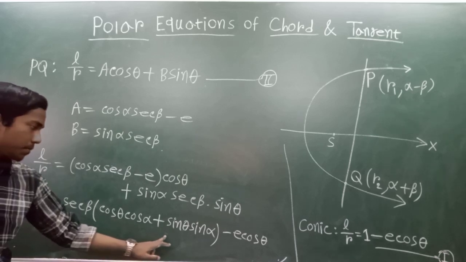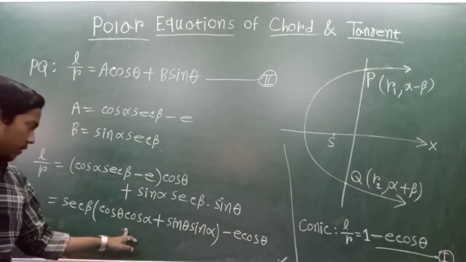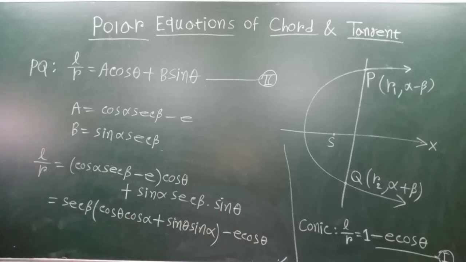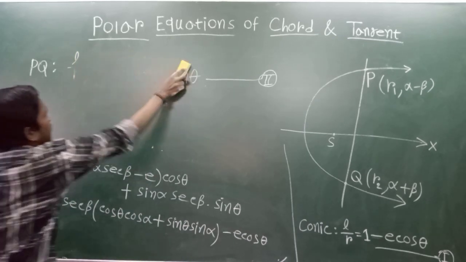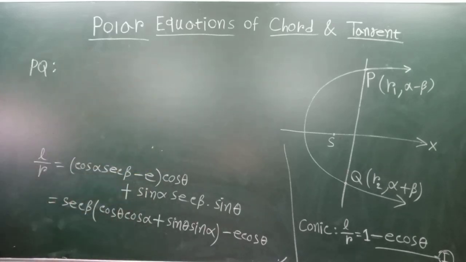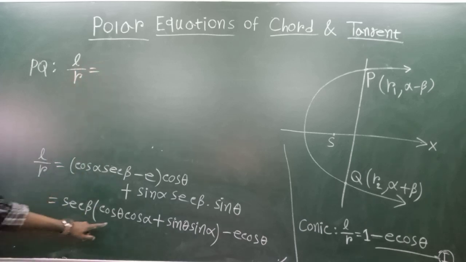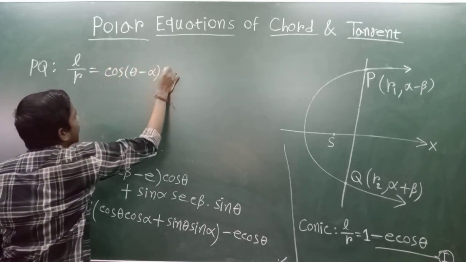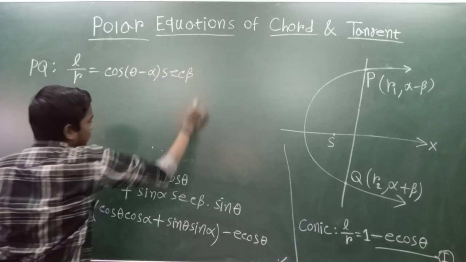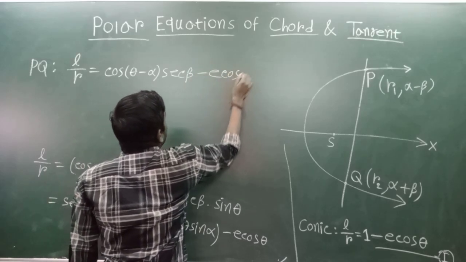Now this, cos theta cos alpha plus sin theta sin alpha, is the trigonometric formula for the expansion of cos(A minus B), that is cos A cos B plus sin A sin B. So the equation of the chord PQ becomes L by R is equal to cos(theta minus alpha) into sec beta, minus E cos theta.